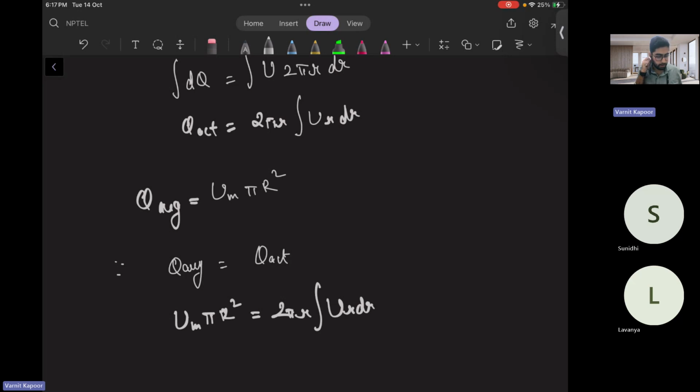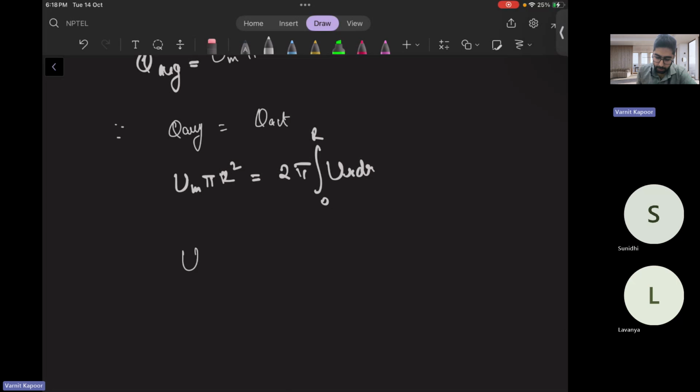I am writing 2 pi, and r is inside the integral already, so it will be from 0 to R. So u mean comes out, pi and pi cancel out, 2 u r dr from 0 to R by R square.